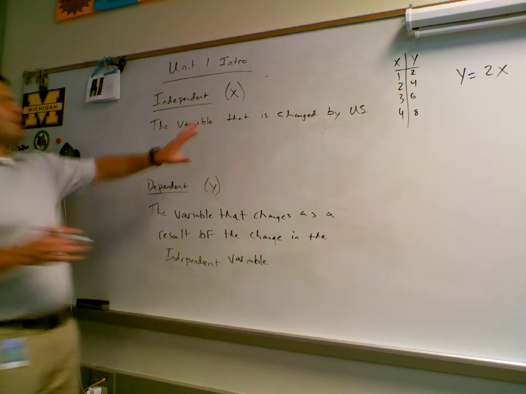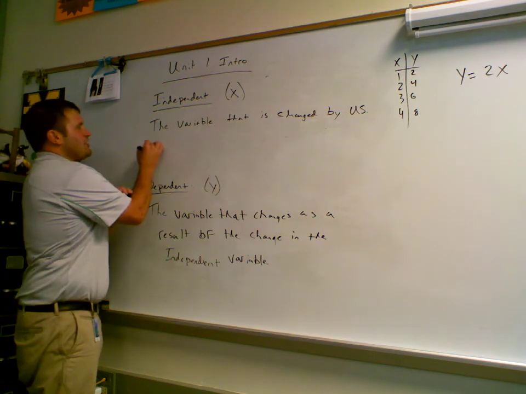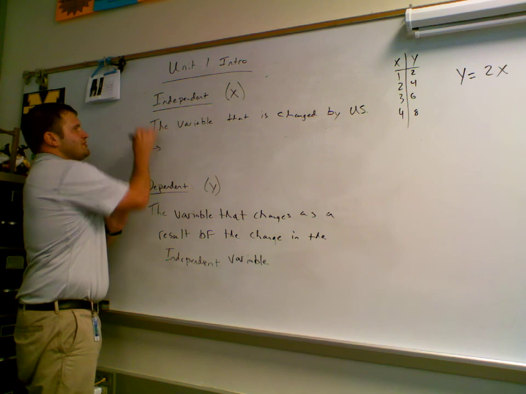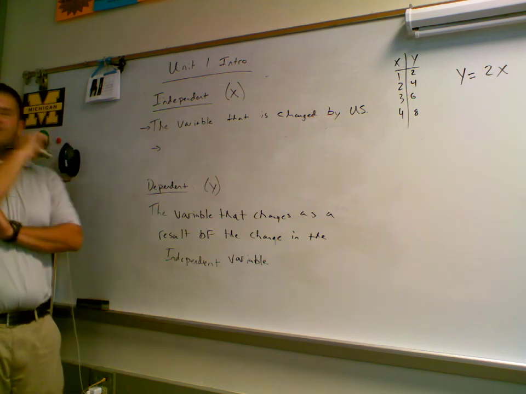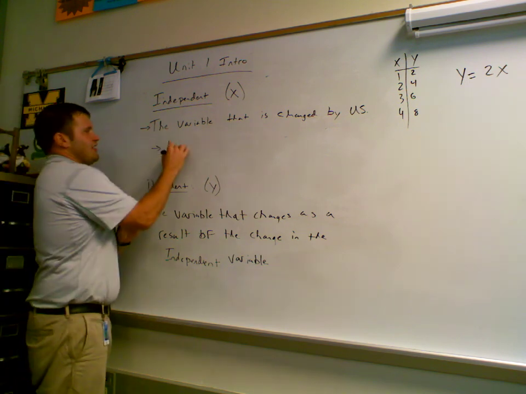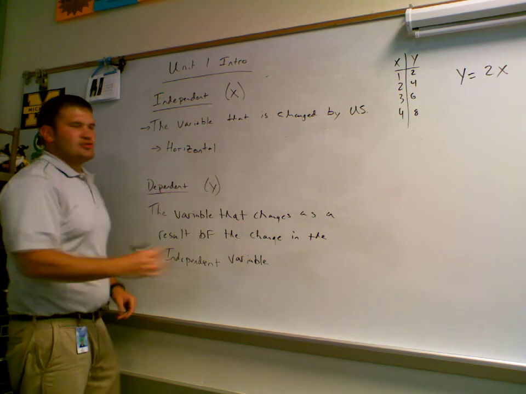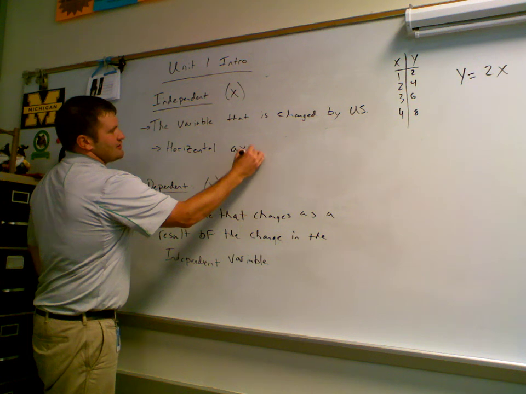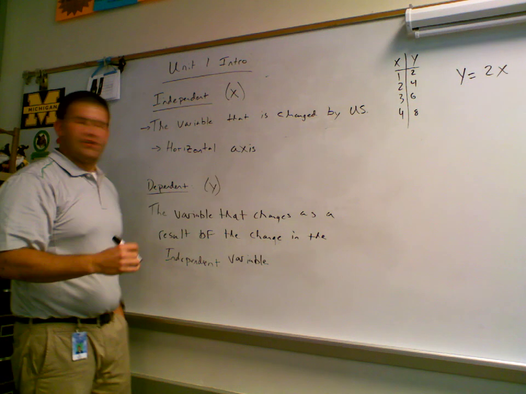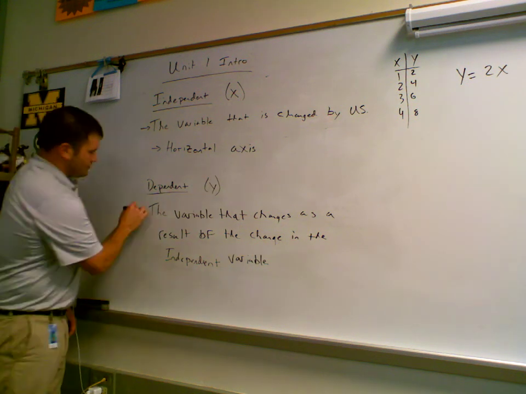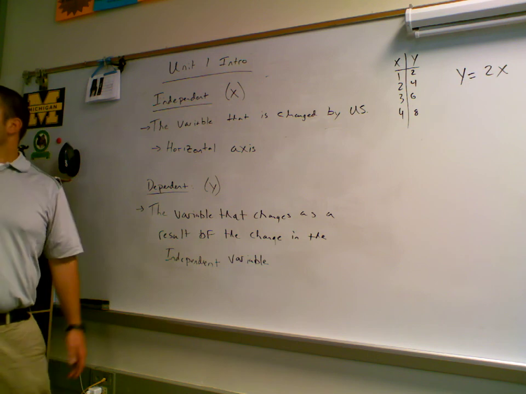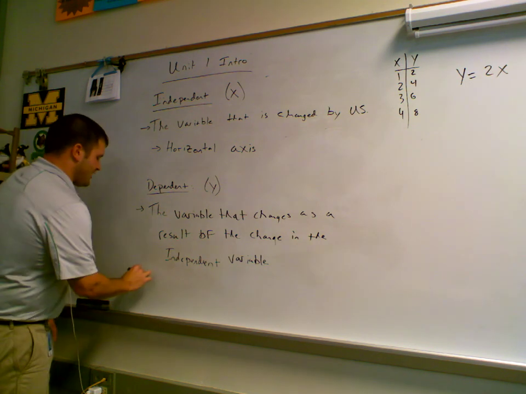Now, what axis is always the independent axis? The horizontal. So this is always the horizontal axis. Which one is the dependent? Don't say the Y. The line that goes up. Listen to what Kevin's saying, David.